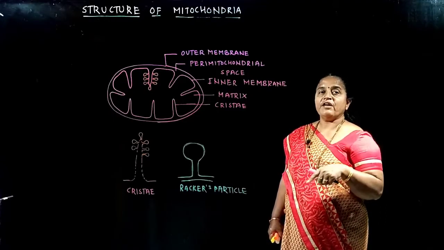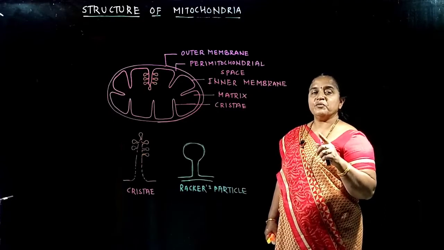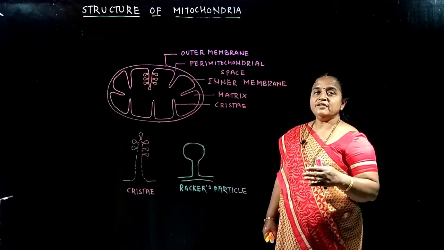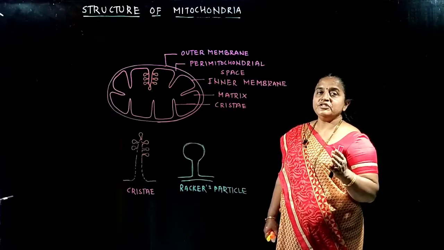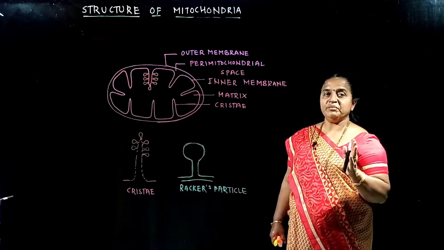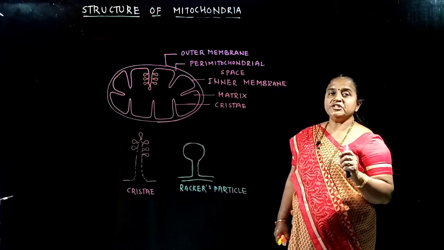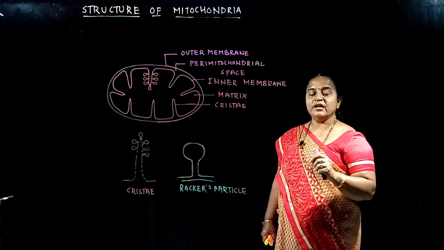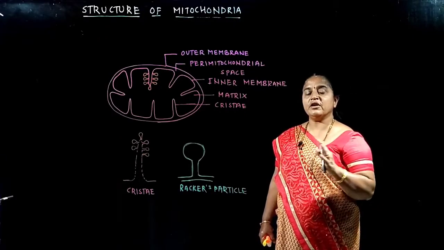When electrons travel through this electron transport system, energy is liberated, and this energy is used for phosphorylation of ADP to ATP. So ATP generation is always in mitochondria, hence we call it the powerhouse of the cell.